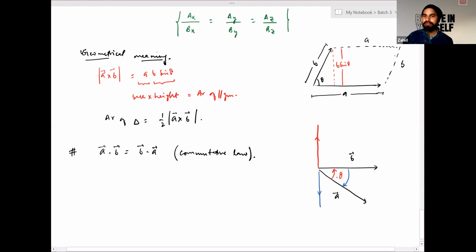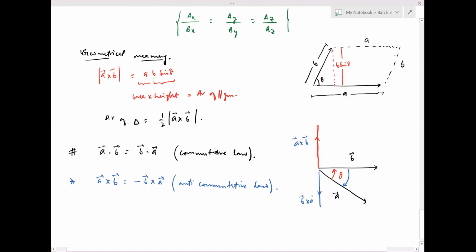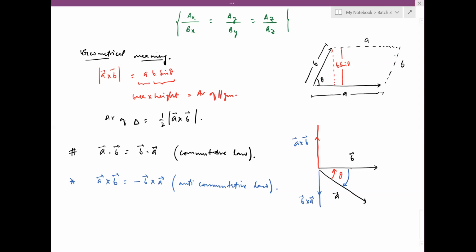So due to rotation or orientation from A to B and B to A, the direction will get reversed. So you will say A cross B will be opposite of B cross A. So it is termed as anti-commutative law. Is it clear? So this will be the direction of A cross B, and this is the direction of B cross A. Yes?